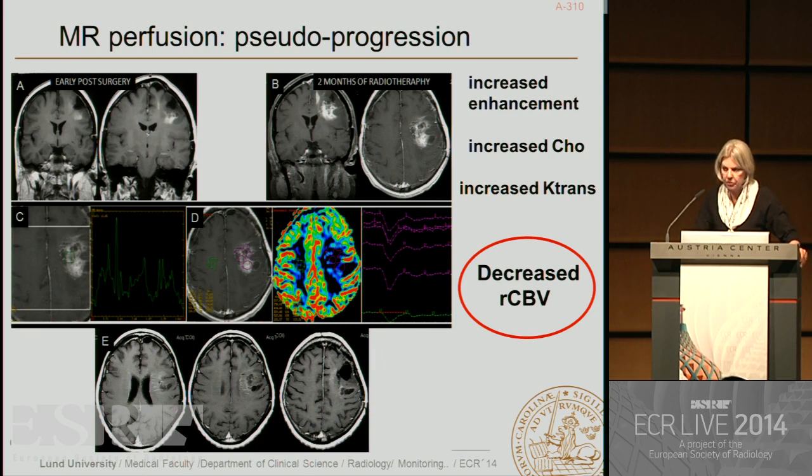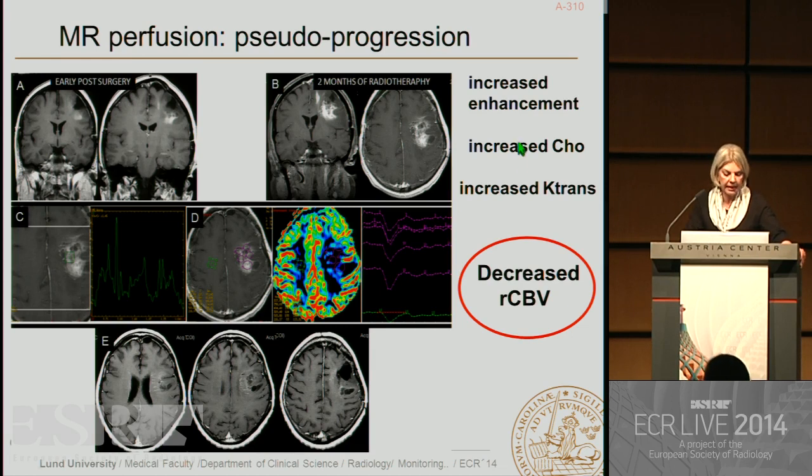Now, can we then use, again, perfusion and diffusion or spectroscopy to help us to separate the pseudo-progression? Here is one case where you could see the contrast enhancement. You could see when you're looking with perfusion data, what you get is a decrease in the cerebral blood volume compared to true progression where you would have an increase in the cerebral blood volume.